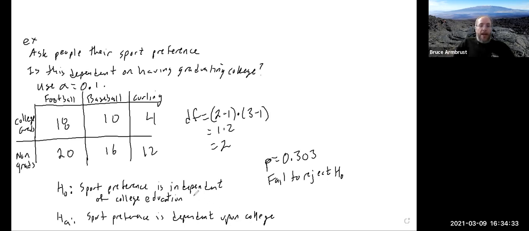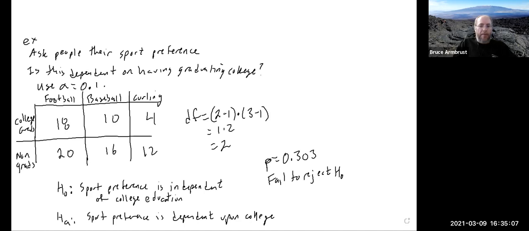We just don't have enough information at this point statistically to say that if you go to college, you're going to have a different preference in sports. So there you go, there's another test for independence. You can see that it's pretty easy. It's just a matter of putting it into a matrix and letting it do its thing.